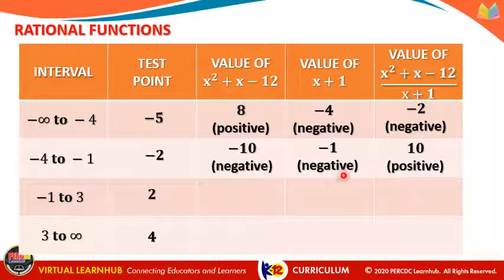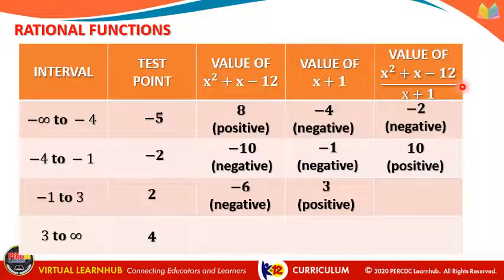Next, at x is positive 2. At x is positive 2, x squared plus x minus 12 is negative 6, and x plus 1 is positive 3. Solving for the value of our expression, we will get negative 2. Thus, if x is between negative 1 to positive 3, our expression is negative.